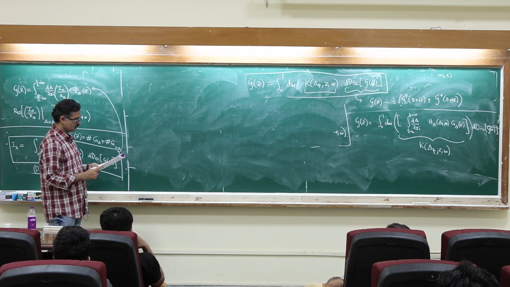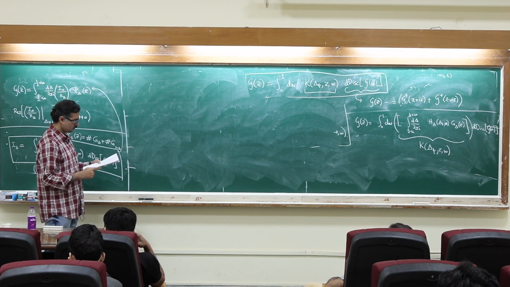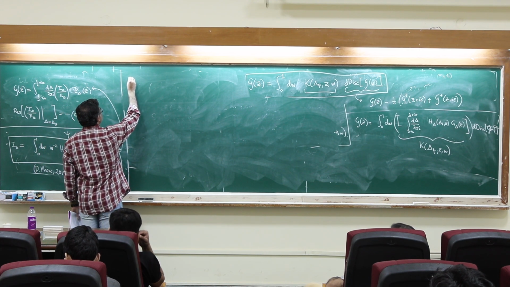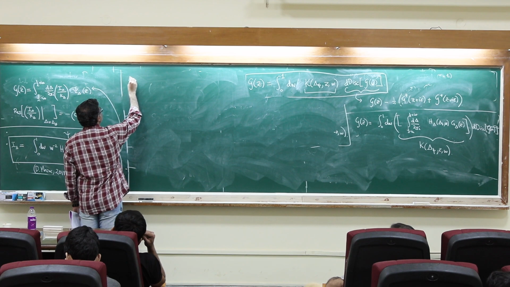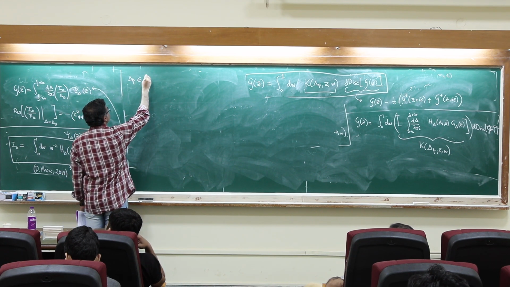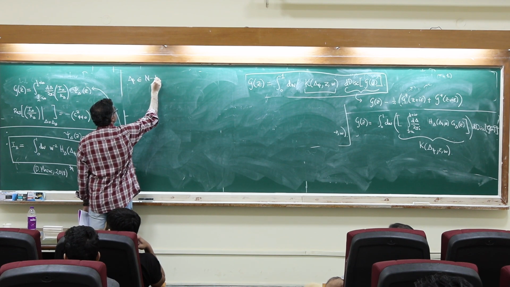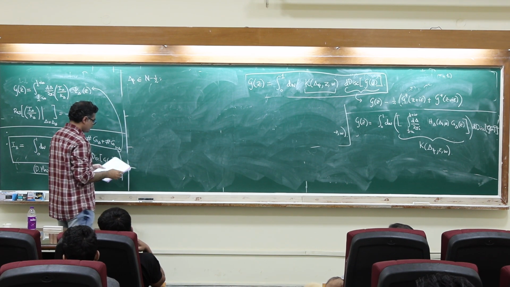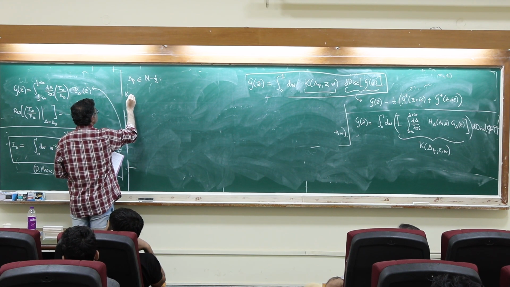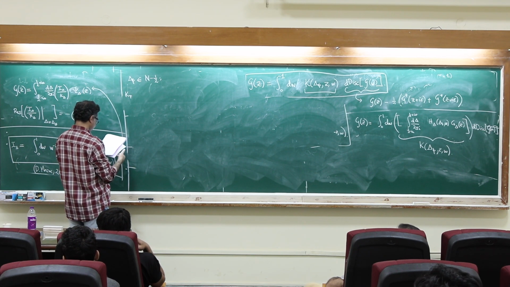There is a similar looking formula for the bosonic case. By the fermionic case I mean that the external scaling dimensions are half integers. And in this case, one can show that this kernel looks like this.